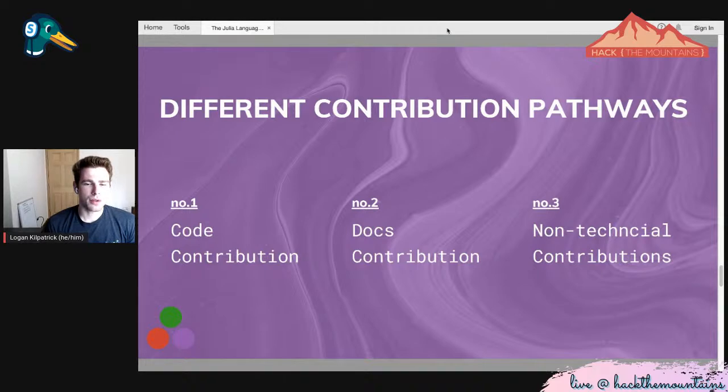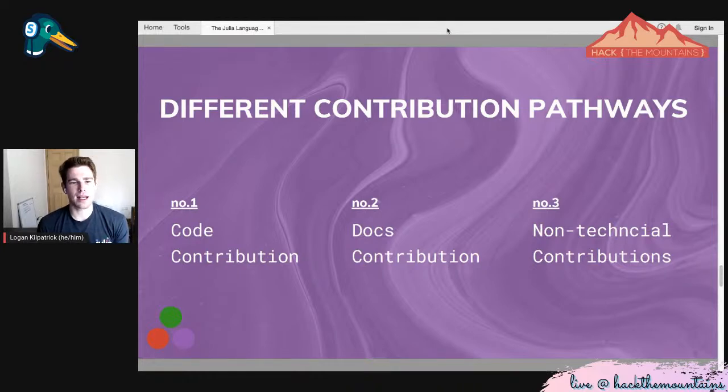And then the third possible way of making a contribution is sort of a blanket for a ton of different areas where you can contribute. I put non-technical. When I say non-technical, I usually mean a contribution that doesn't result in GitHub contribution activity, for the most part.